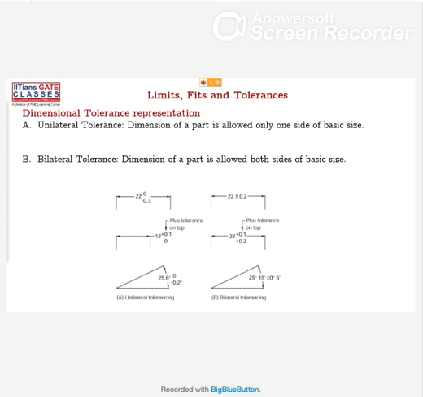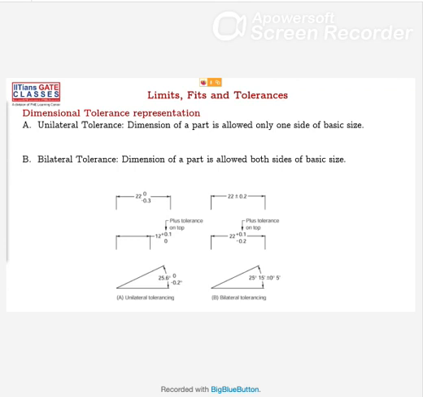In bilateral tolerances, the dimension of the part is allowed on both sides of the basic size. It means you can see 22 plus or minus 0.2, so it can come down 0.2 units and it can go up 0.2 units. And here it can go up 0.1 unit and come down 0.2 units.